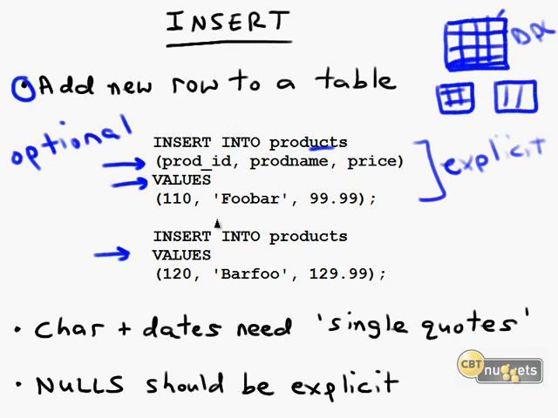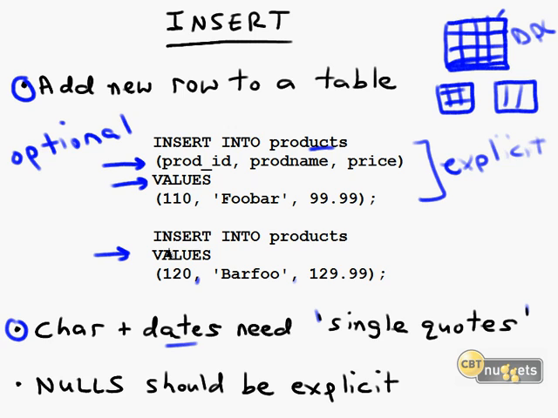And the way this works is this is a comma-separated list. Doesn't matter if you have no spaces or 100 spaces in there, as long as you have a simple comma separating each data element. Numeric data doesn't need quotes, but character data and dates do need to be enclosed in single quotes. That's a common beginner's mistake.